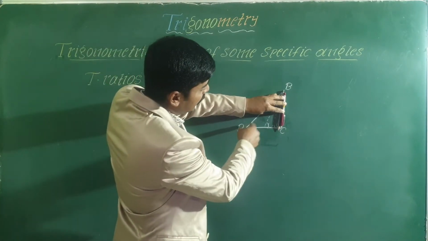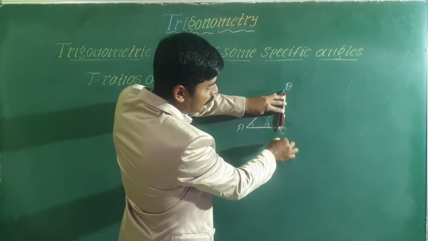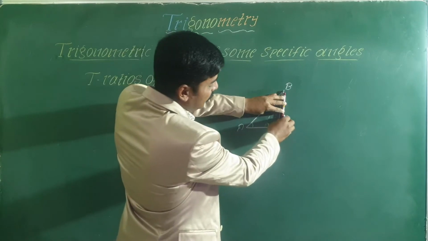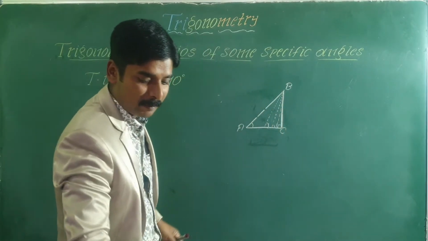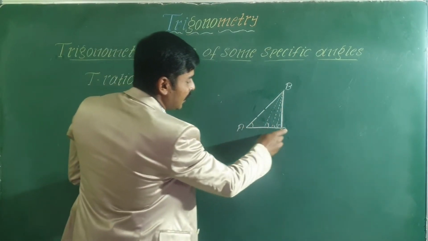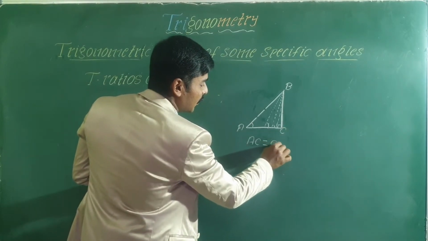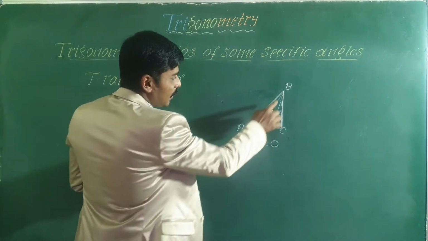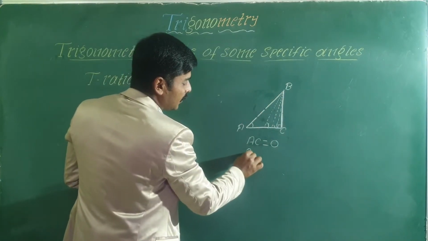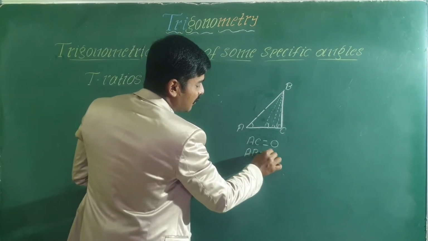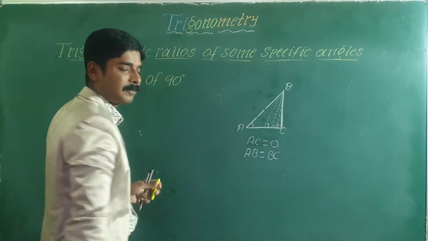AC will become 0, but AB and BC will become equal. What happens here? AC, that is your adjacent side, will become equal to 0. The opposite side and hypotenuse, almost they will become equal.